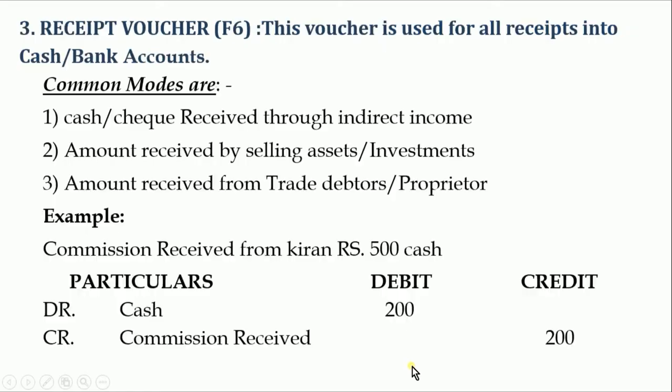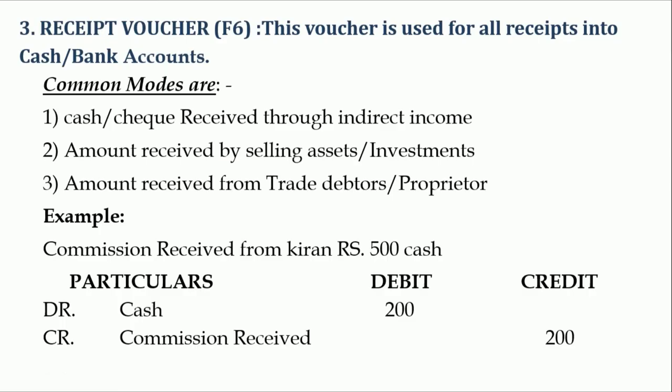Third one is the receipt voucher, and the shortcut key is F6. This voucher is used to record all receipts into cash or bank account. That means the amount received in business, we can take as a receipt voucher, and the common modes are cash or cheque received through indirect income.